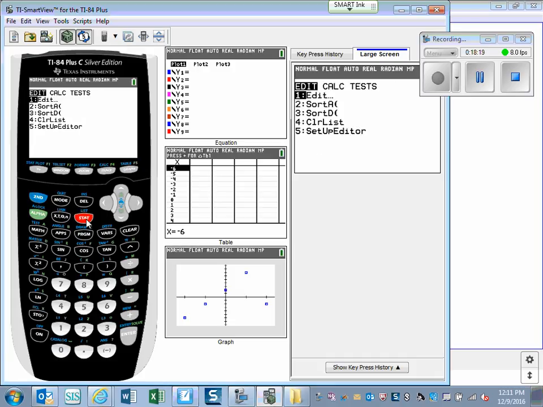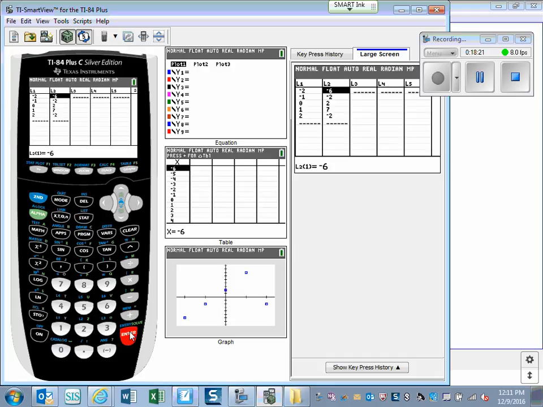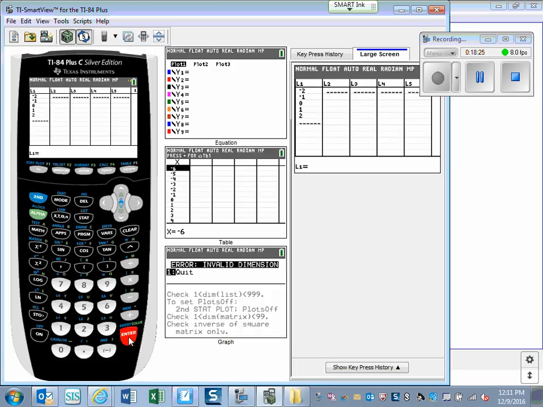So I go start, edit, here is my data, then I enter. So I have 0, 5.